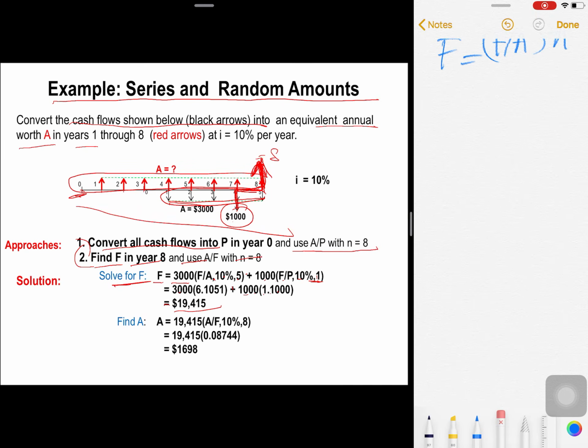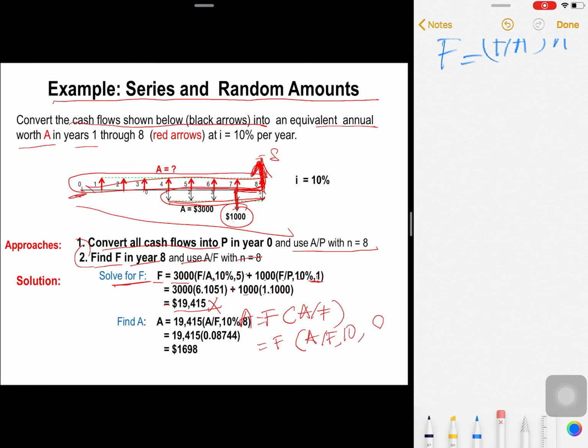Find A by multiplying the F value, 19,000, times A of F, 10% for how many years?